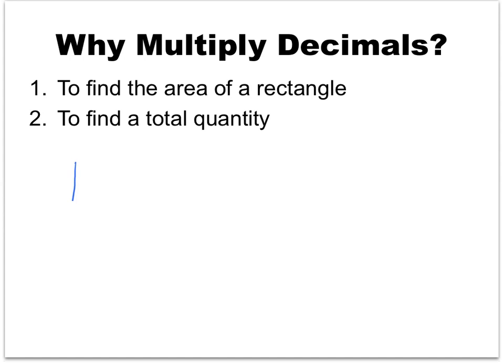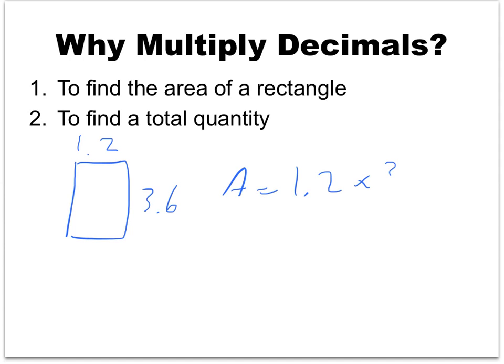So, for instance, if I've got a rectangle that's, say, 1.2 by 3.6 inches long or high, then the area is just 1.2 times 3.6. Now, we won't do that arithmetic, but again, this illustrates why we might multiply decimals in this example to find area. The second reason we might multiply decimals is to find some total quantity.